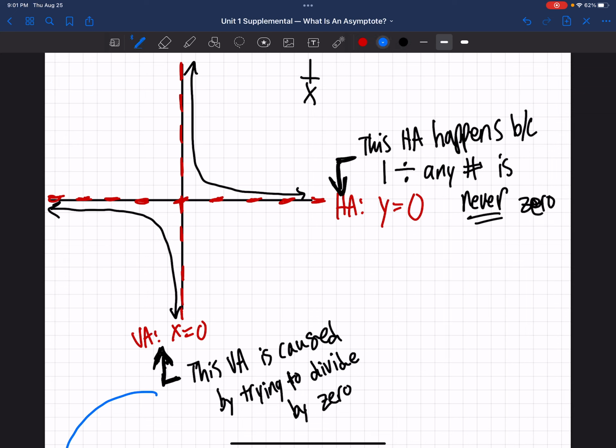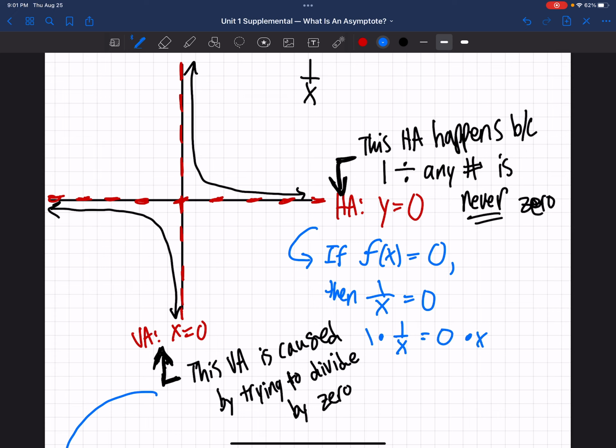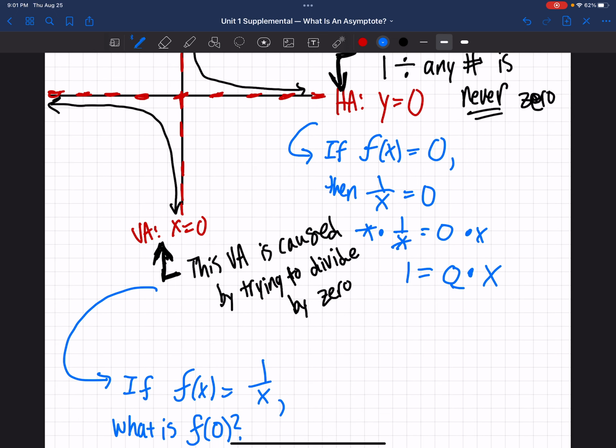And now I'm going to do another observation. What did I say earlier? If f of x equals 0, then that means 1 divided by x equals 0. And if I multiply both sides by x, thereby kind of crossing these out, I get 1 equals 0 times x, where x is some number.